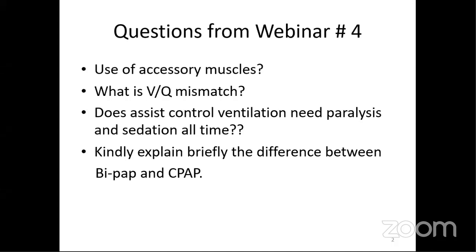Paralysis is only done in certain situations when you cannot oxygenate the patient on the ventilator, despite the patient being sedated and having no pain. It's only done for short periods of time when you need to improve oxygenation. So the answer is no, every patient on a ventilator does not need a paralytic. Every patient on a ventilator does need sedation and pain control.